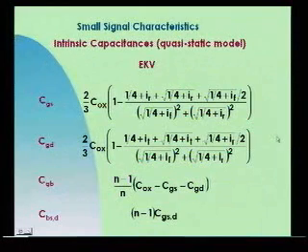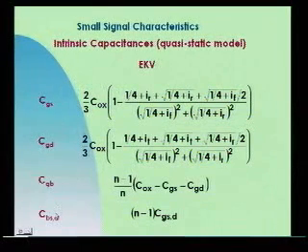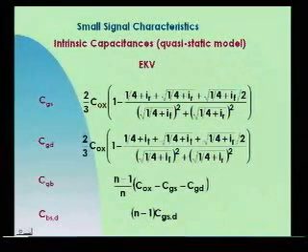And for EKV, we have something like this. We derive these expressions first by calculating the total charges in the device. The total charges are derived by integrating the charge densities.